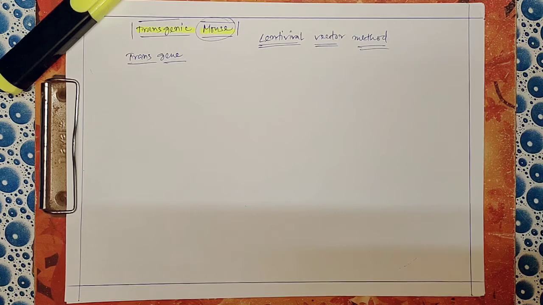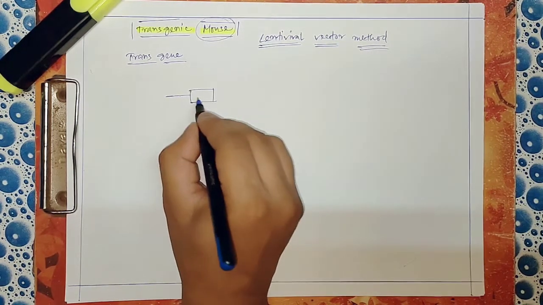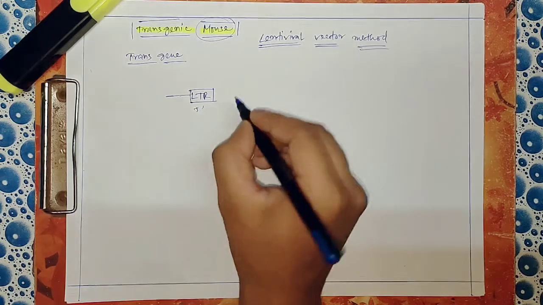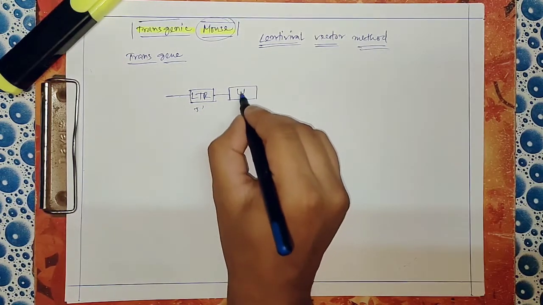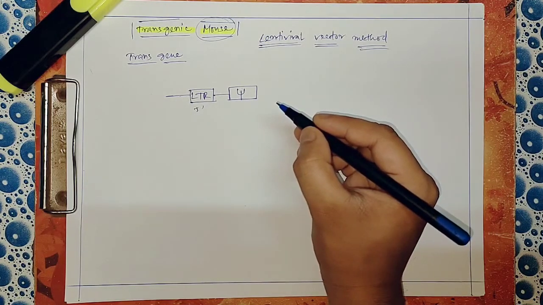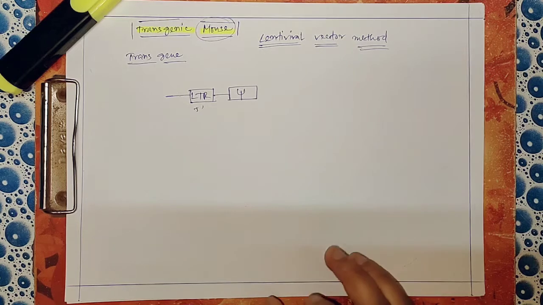What we actually do in this lentiviral vector method is, we have a genome construct that I am just drawing. This is called a 5 prime LTR, and this is a psi. No, this is not an unnecessary part.